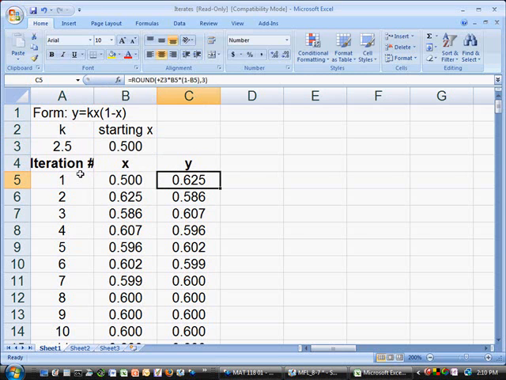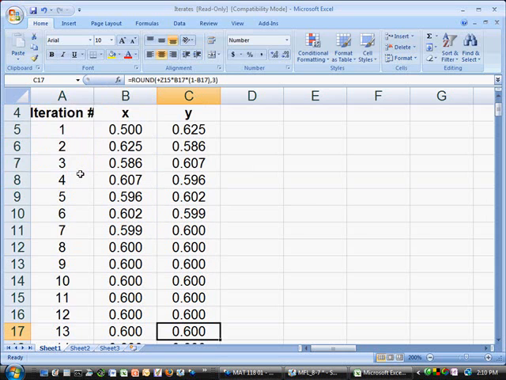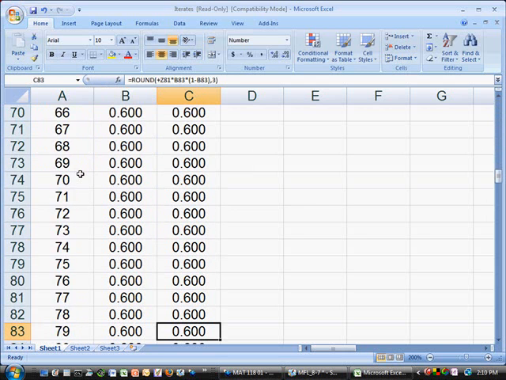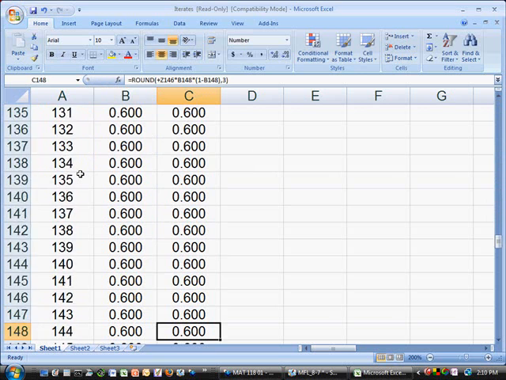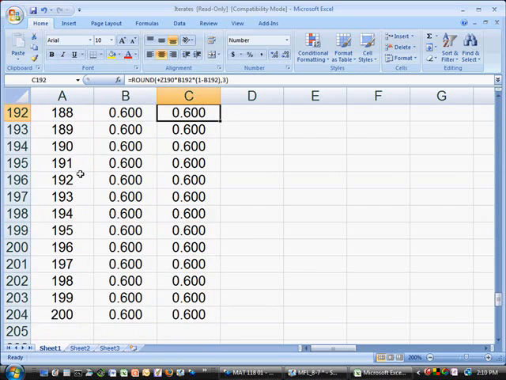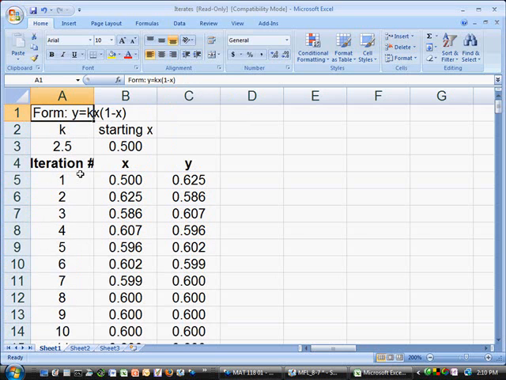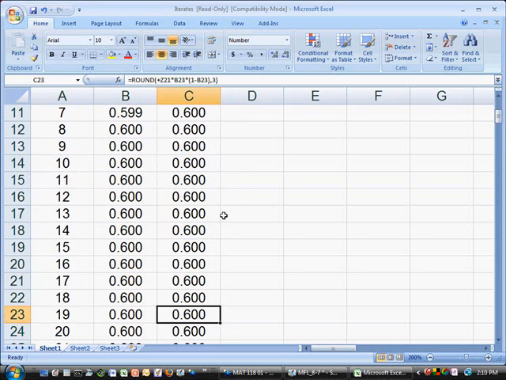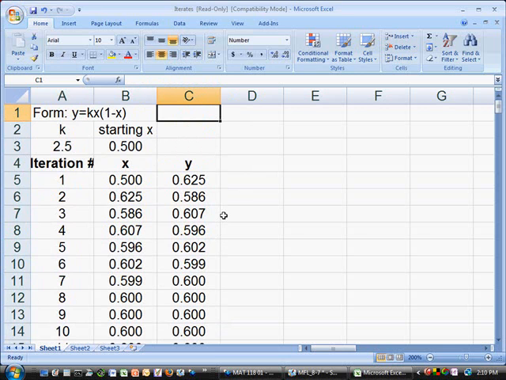Okay. Now, there's iterate 1, iterate 2, iterate 3, and in fact, I've got the iterates done all the way down to 200. Just so you know, they're down there. Now, what's interesting is, do you see any pattern if you look in the column of iterates? And the answer is, yeah, we get stuck on 0.6.